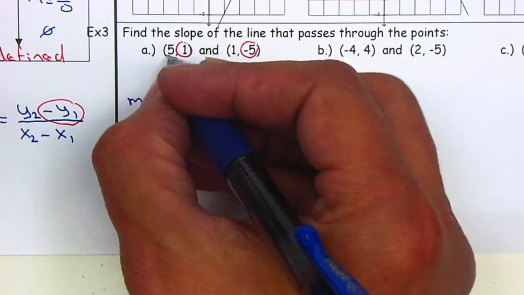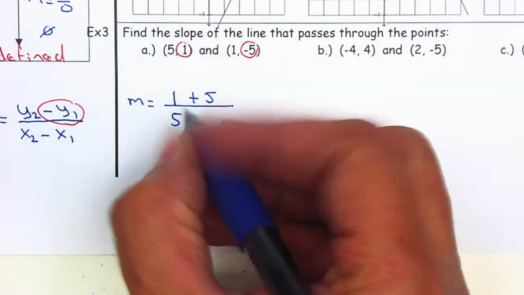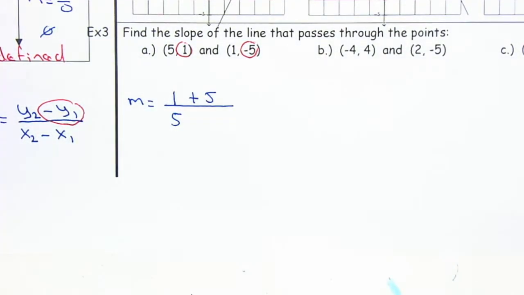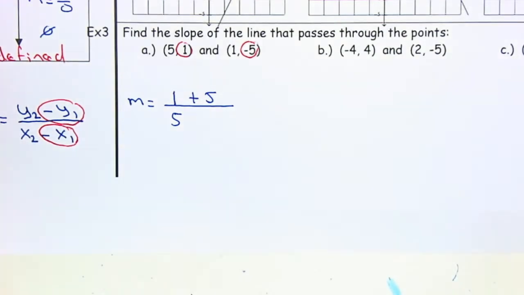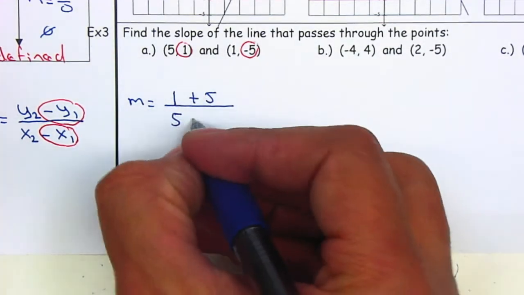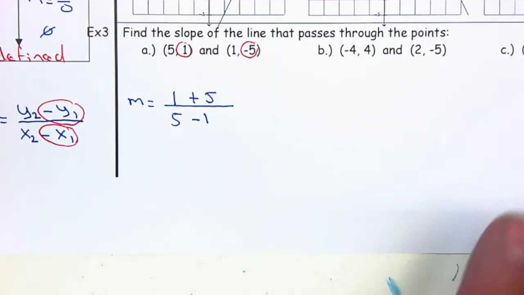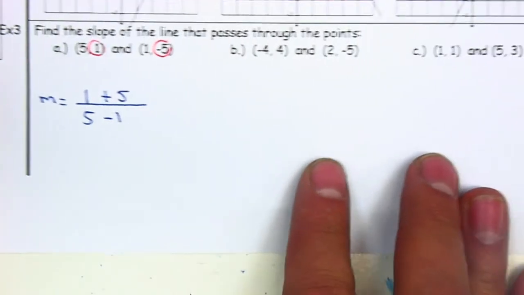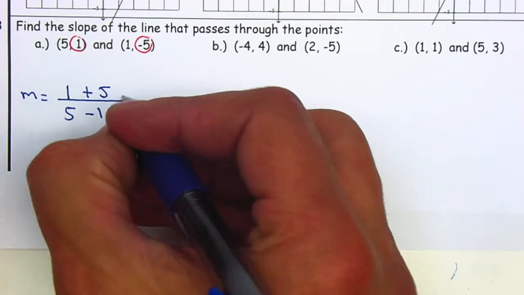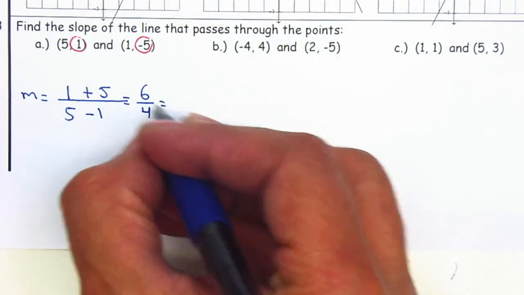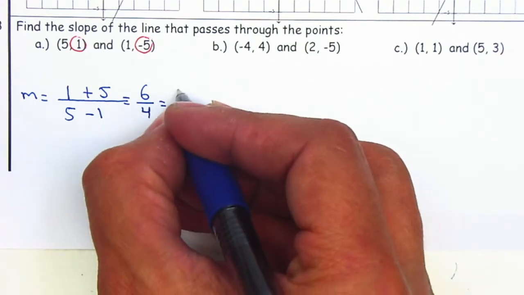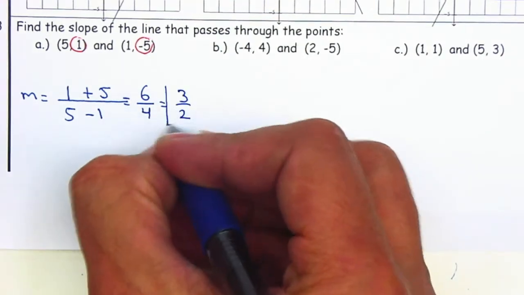We're going to place the first x first. Then on the second one, because the formula says the opposite of the second x, this is a 1, this will be negative 1. So from here we can just simplify it, and that will give us 6 over 4. We can reduce. So divide by 2 gives you 3 over 2.